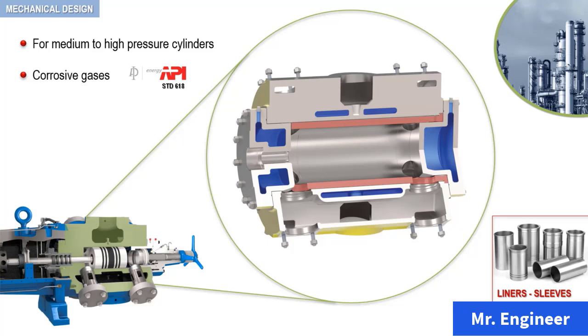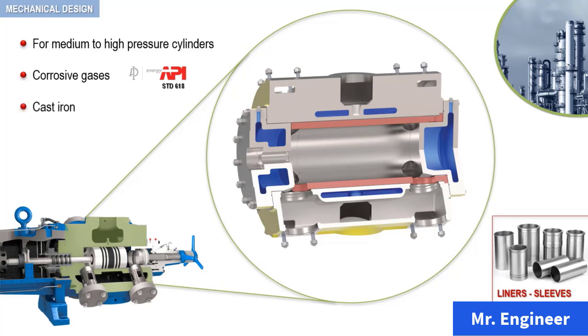Another application of the liner is to reduce the cylinder bore size to meet certain capacity conditions. Actually, by installing liners with different bore sizes, the same cylinder casting can be used to accommodate a range of capacity and pressure conditions.